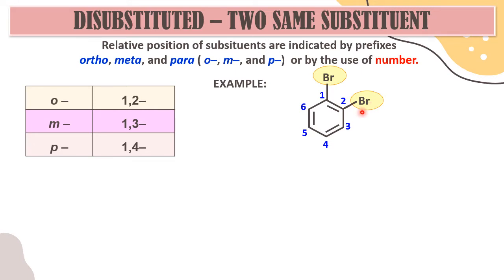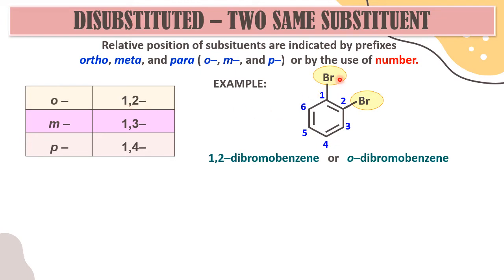So how do we name it? If we use numbering, the name will be 1,2-dibromobenzene. It's a benzene with 2 bromines, so dibromo at carbon number 1 and carbon number 2. Besides 1,2-dibromobenzene, we can also call it ortho-dibromobenzene. So the ortho position, the O over here, shows positions 1 and 2.